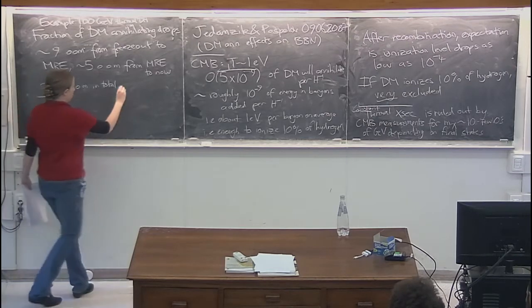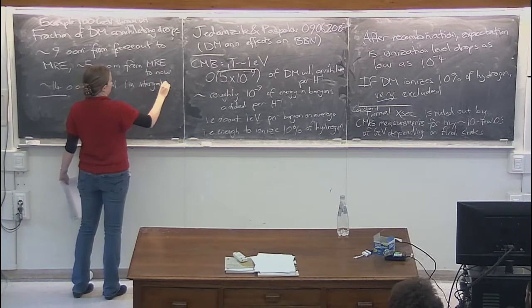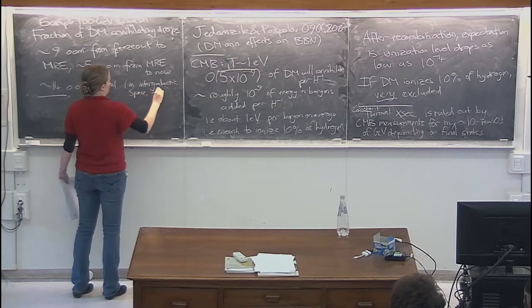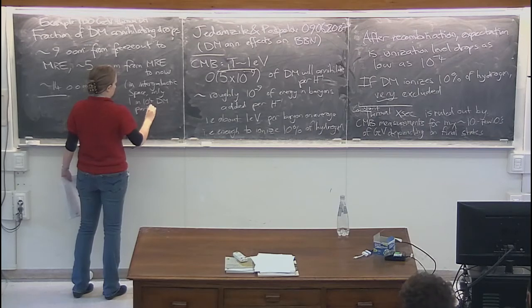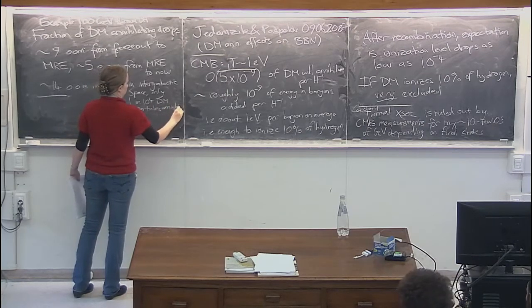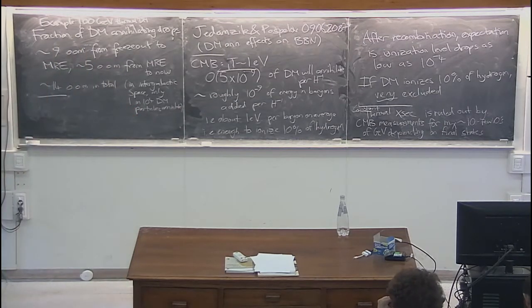So in intergalactic space, only 1 in 10 to the 14 DM particles will annihilate. In this example case, if you change the mass, you'll just scale this number appropriately.